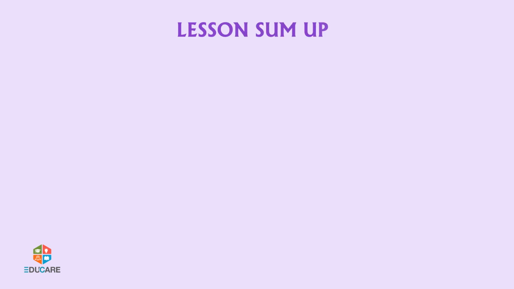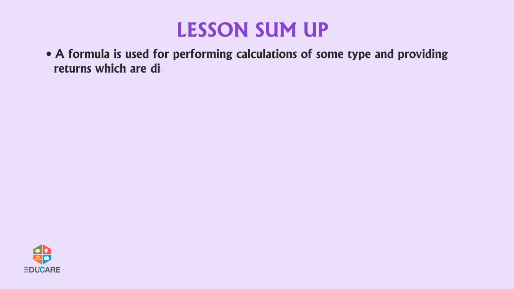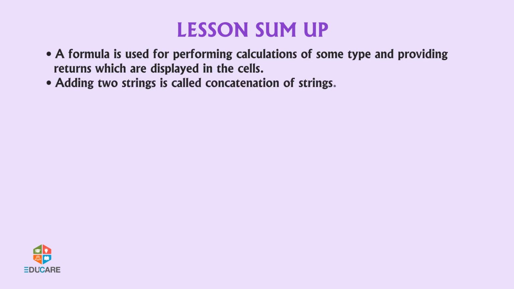Lesson sum up. A formula is used for performing calculations of some type and providing returns which are displayed in the cells. Adding two strings is called concatenation of strings. The cell address in a formula is known as cell reference.